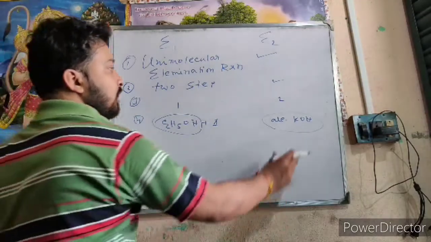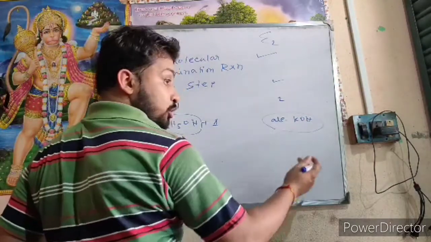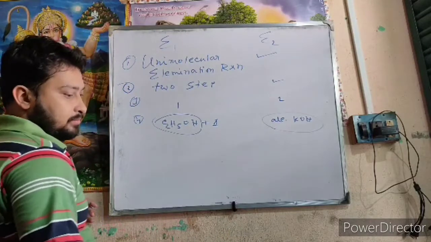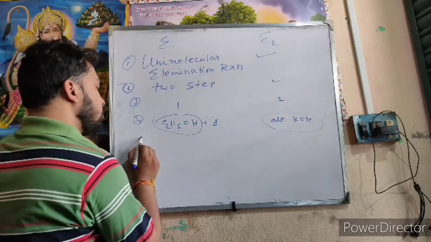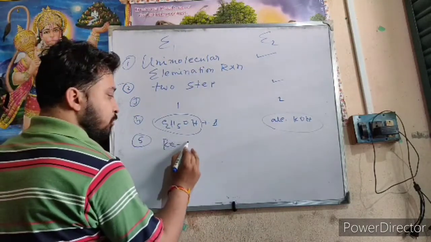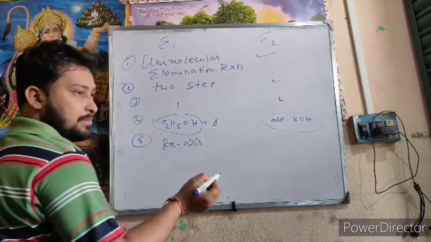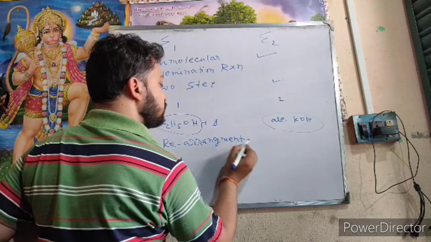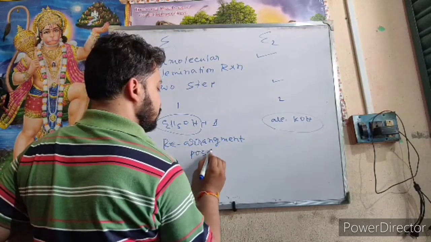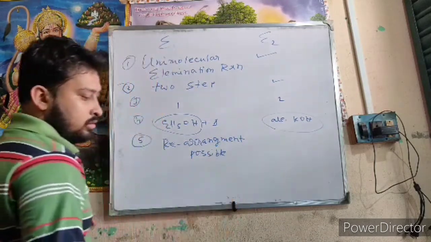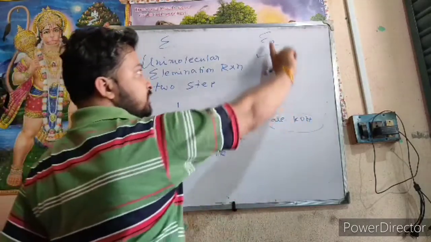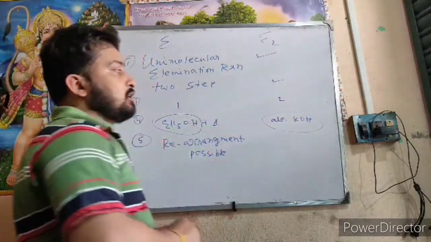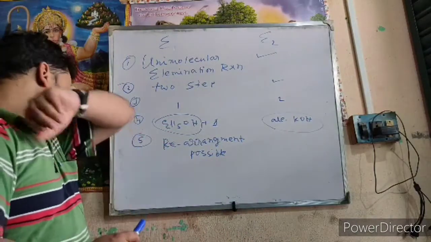If there is alcoholic KOH or a strong base, you can guess this is an E2 reaction. In E1, rearrangement is possible, such as methyl shifting and hydrogen shifting. Rearrangement for the E2 reaction is impossible. Those are the basic differences between E1 and E2.